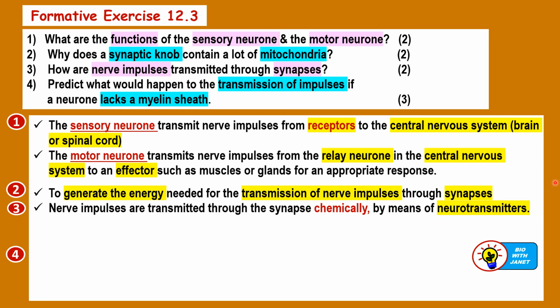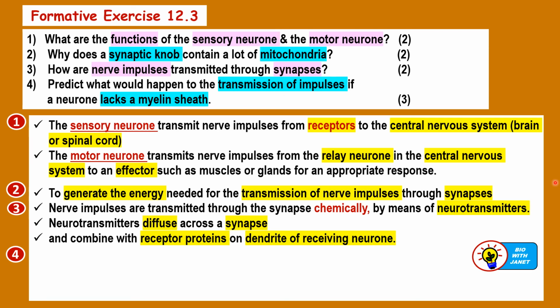Next, explain what happens to the neurotransmitters. So the neurotransmitters diffuse across a synapse and combine with receptor proteins on the dendrite of the receiving neuron. Okay, so here there may be 2 or even 3 marks for this answer. The question may be worth about 2 or 3 marks.